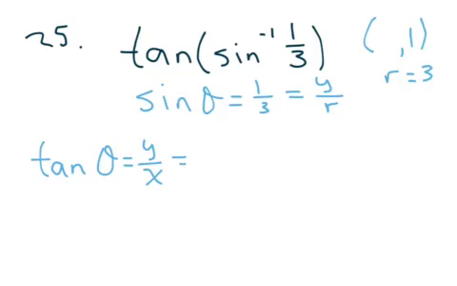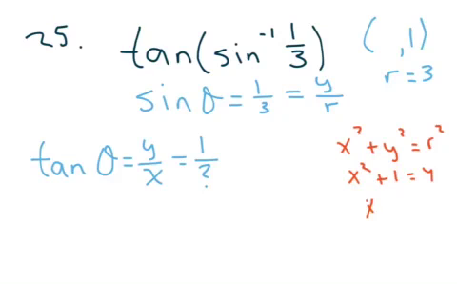So we have the y part, we just don't have the x part. To find x, we're going to use the Pythagorean theorem. x squared plus y squared equals r squared. x squared plus 1 equals 9. x squared equals 8. So x equals plus or minus 2 root 2.